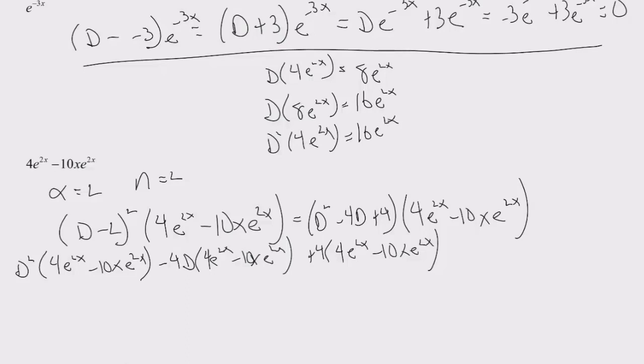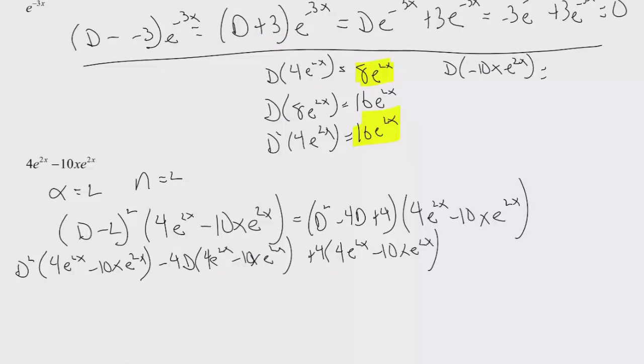I'm going to need both components in a moment. The more complicated one is the derivative of negative 10x e to the 2x.